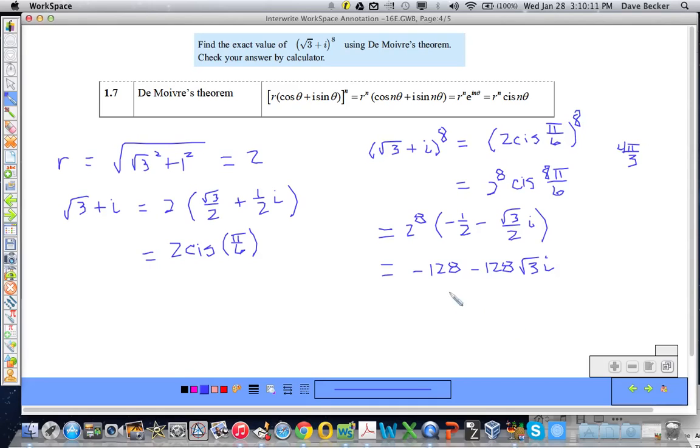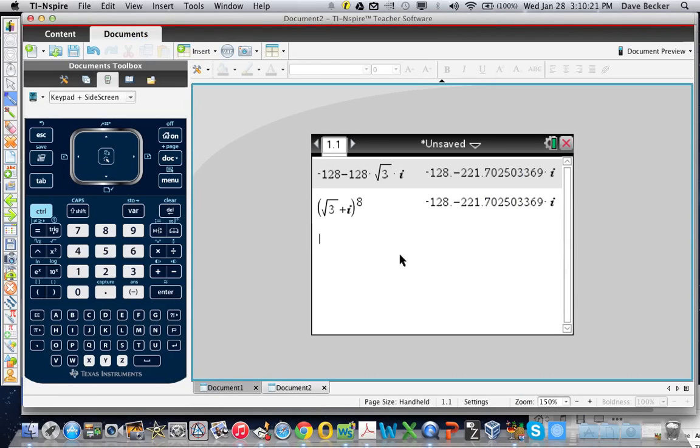So what we want to do is show that this is equivalent to root 3 plus i to the 8th power. I've done them both here. Negative 128 minus 128 root 3 i equals the same as root 3 plus i to the 8th power expanded.